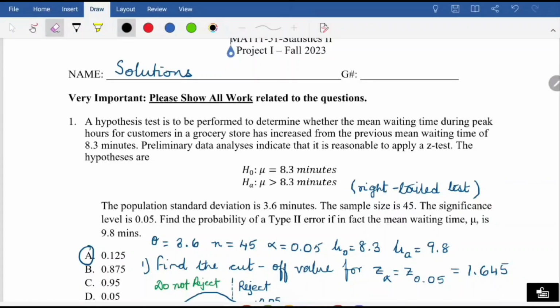If you can do all these problems on your own comfortably, then you should do very well on the test, because the tests are going to be very similar to these type of questions, except maybe one or two multiple choice extra problems will be there on test 1, but otherwise for the majority of the problems the test will be very similar to the ones in this project. All right, so please download this and use this to prepare for the test.